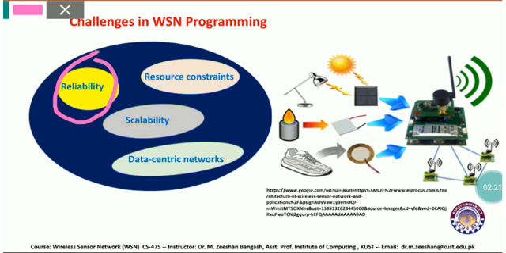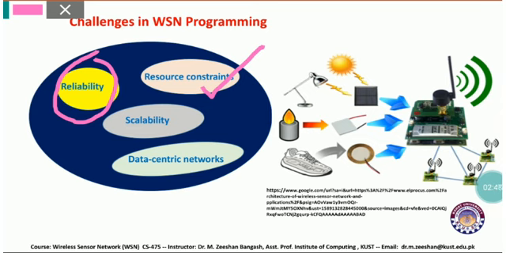The second challenge is the resource constraint challenge. WSNs are very resource constrained, which also affects the programming approach, the size of the code to be written, and other aspects of the application that is to be developed.